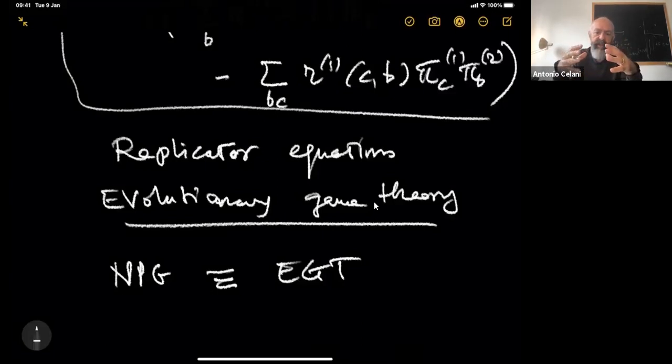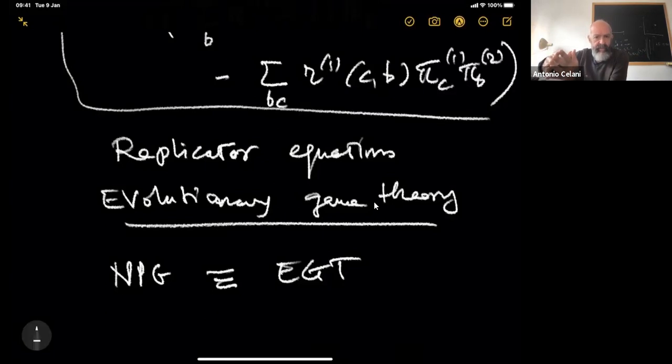So the point that I want to make here, besides the calculation, is that this is a very interesting point, because you see that one subject, which is multi-agent reinforcement learning, makes contact with another big subject, which is evolutionary game theory, which in itself makes contact with other domains of machine learning, like evolutionary genetic algorithms.